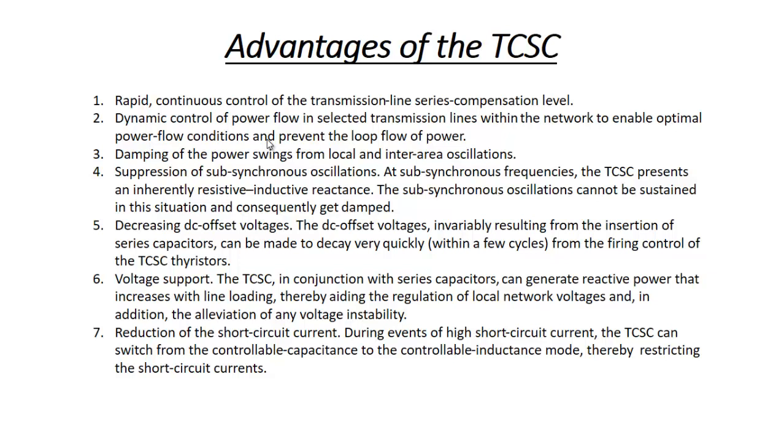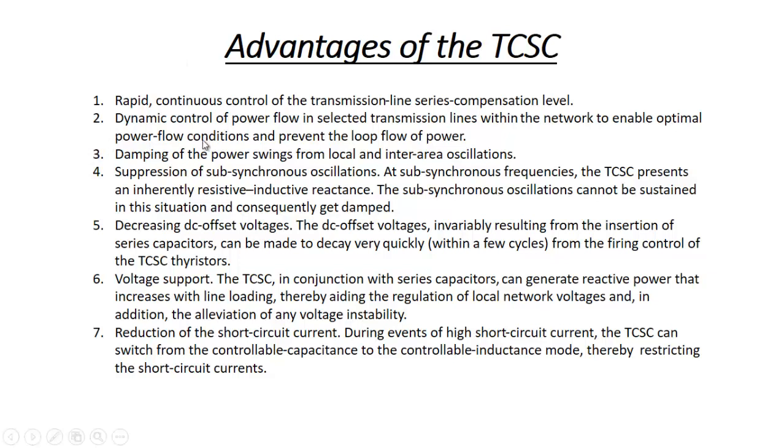That means sometimes the power may flow in a loop if we have different interconnected transmission lines. By changing the reactance of this line with the capacitor, the power flow may be changed and loop power flow may be prevented.